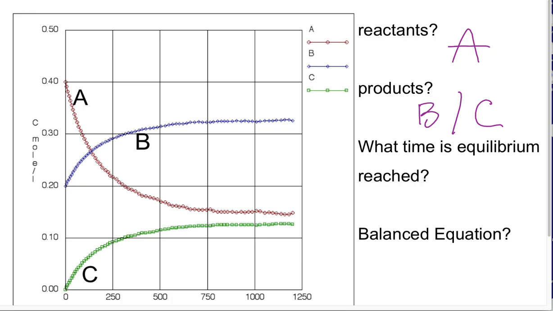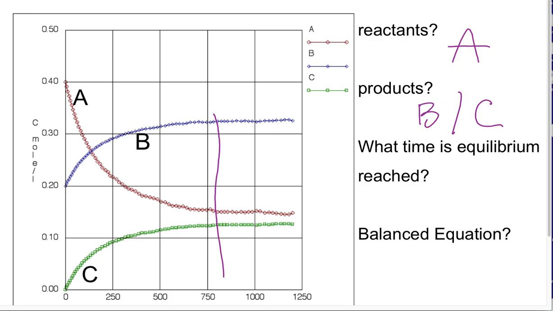All right. So now, what time-ish does it look like we reach equilibrium? 1,000, that's kind of far. What are we looking for first? We're looking for when all the lines stop changing slope. Remember, this is concentration over time. Our slope is the rate. So we want a slope that's no longer changing to indicate that the rate is no longer changing. So I'm thinking around here-ish, right? 1,000 is not wrong.